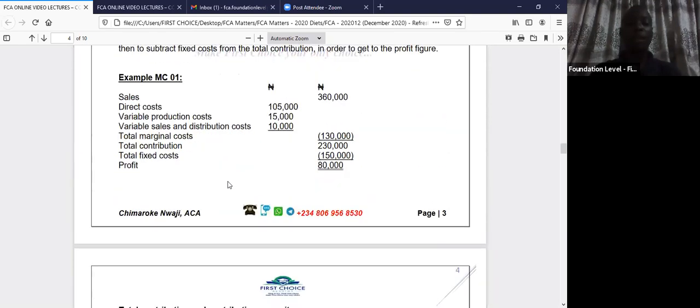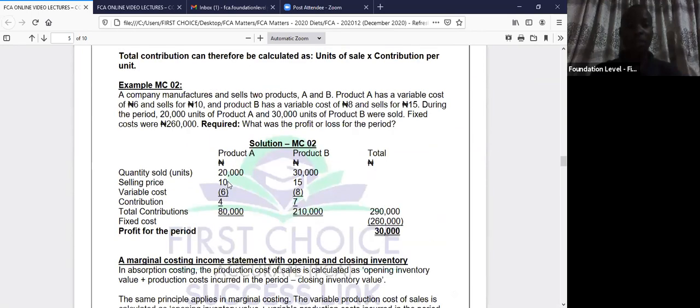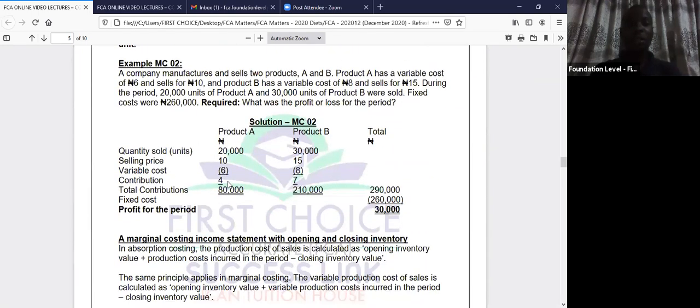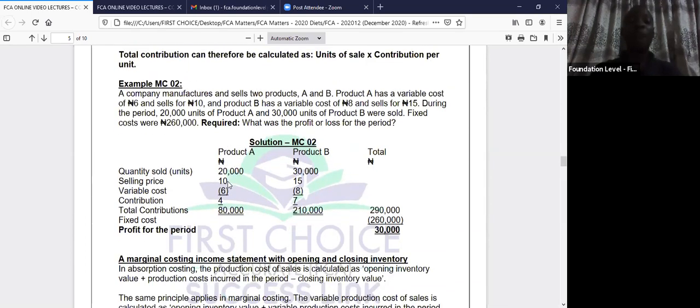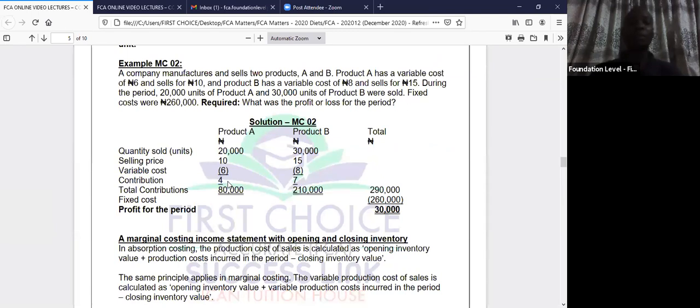Now this one we are doing now is the contribution per unit style. Now you've gotten your contribution per unit. Let's read on. Product B has a variable cost of 8 naira, which is this 8 naira we have here, and sells for 15 naira, which is this.